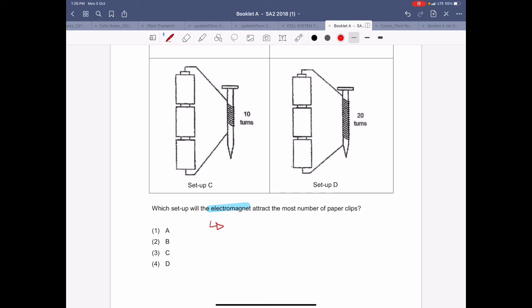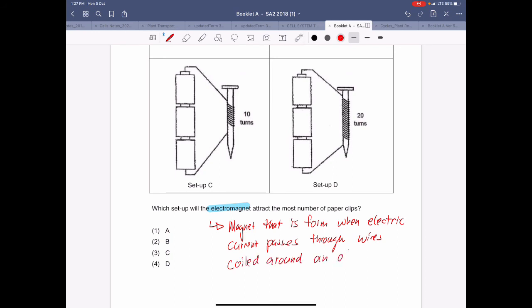So it's basically a magnet that is formed when electric current passes through wire coiled around an object that is made up of magnetic material.